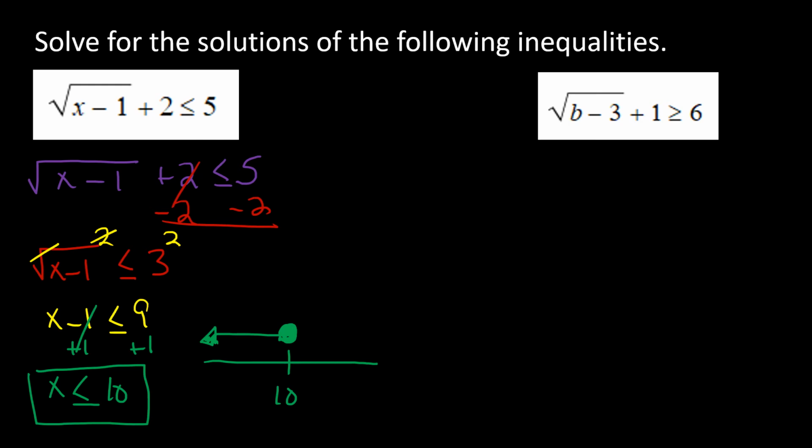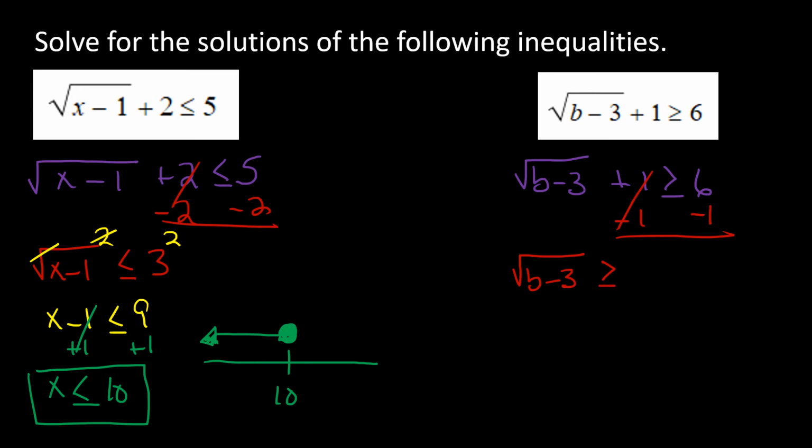For the other one here, we've got the square root of b minus 3 plus 1 is greater than or equal to 6. Well, to solve for this, we're going to subtract 1 from both sides. We'll get the square root of b minus 3 is greater than or equal to 6 minus 1, which is 5.